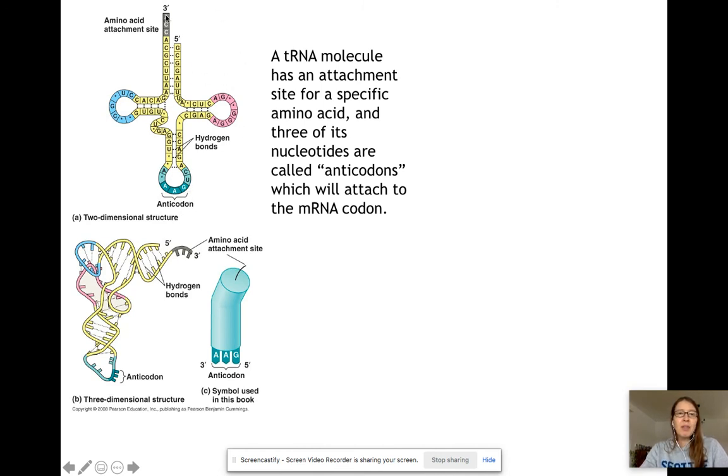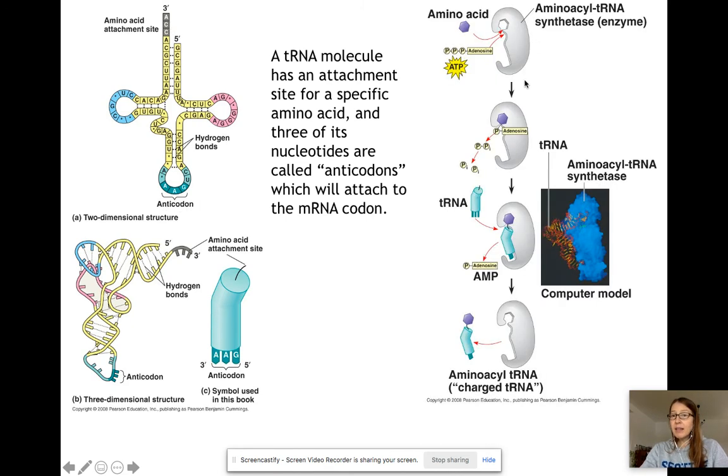This anticodon will always correspond with the attachment site because there is an enzyme called tRNA synthetase that is specific to the specific tRNA molecule and the specific amino acid.